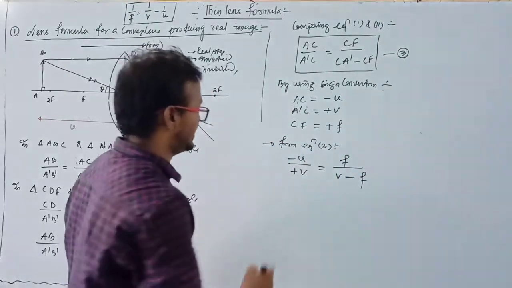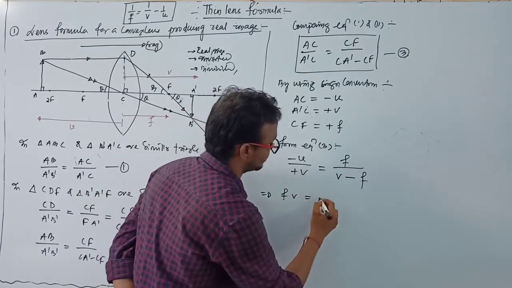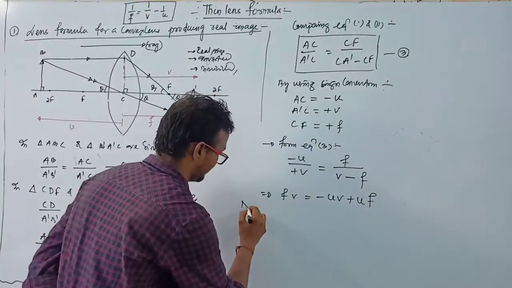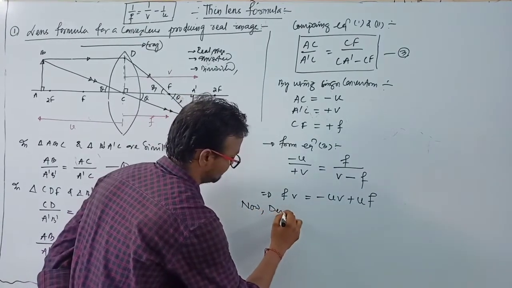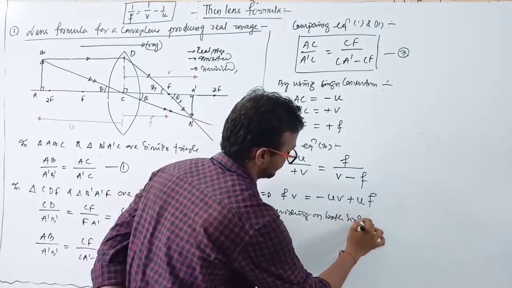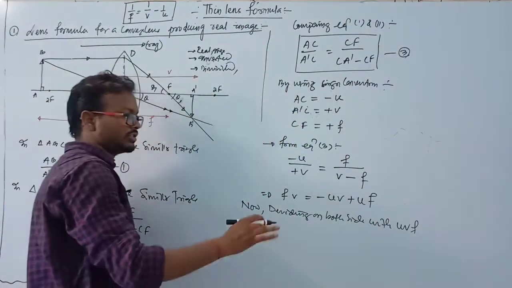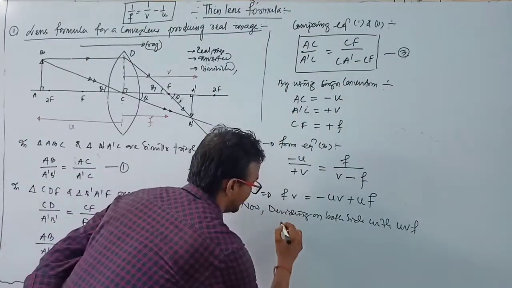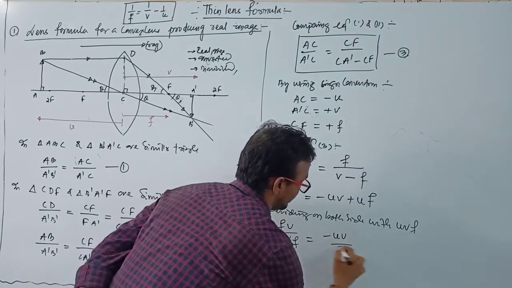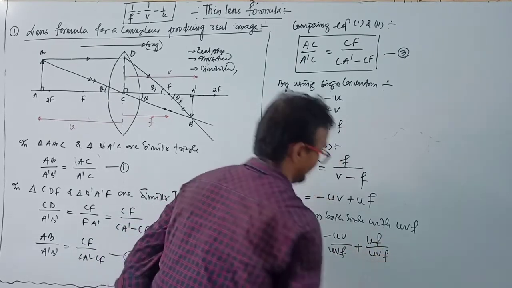Now cross multiply this relation: FV equals minus UV plus UF. Now dividing both sides by UVF, we get FV divided by UVF equals minus UV divided by UVF plus UF divided by UVF.